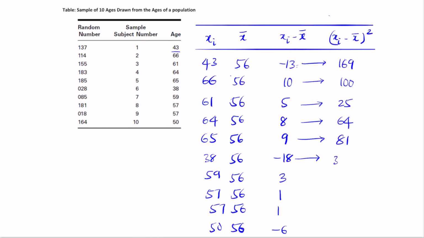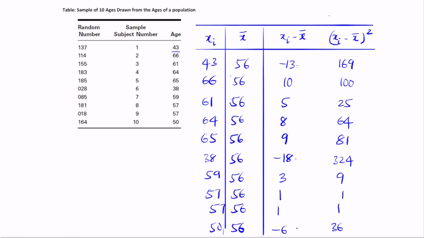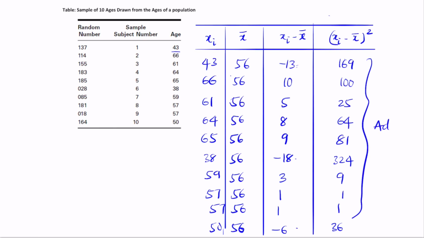is 324. 3 squared is 9. 1 squared is 1. 1 squared is 1. Negative 6 squared is 36. So now once you have all the values that you need, what I want you to do now is add all these values.